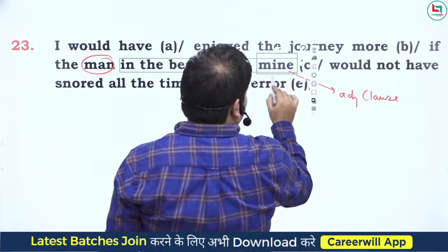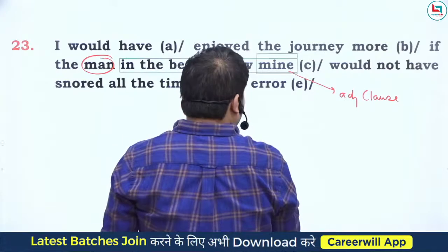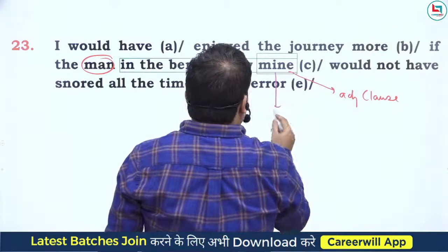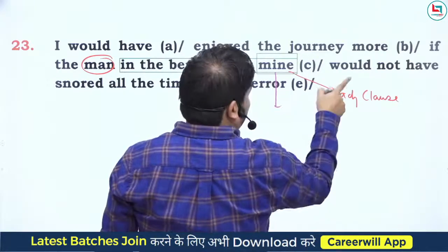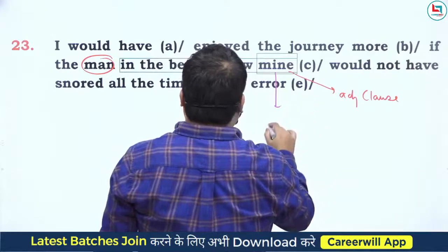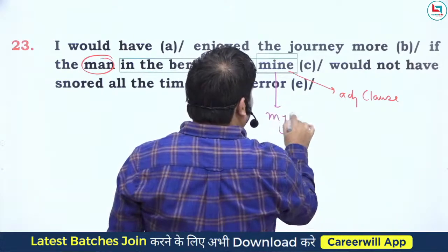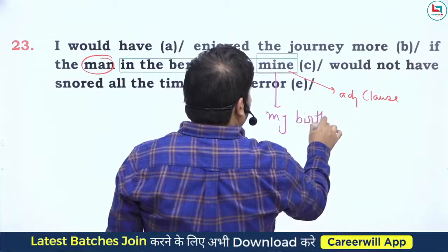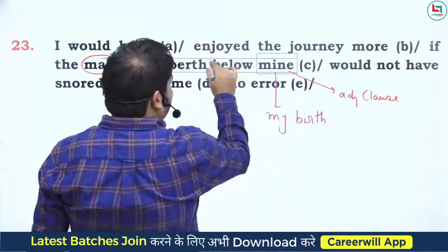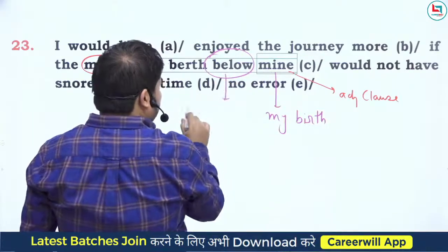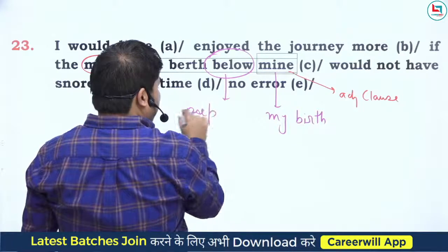So mine means my berth. Mine is pronoun. This below is what? Preposition. This is preposition.